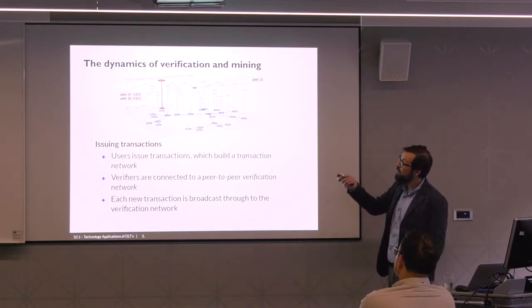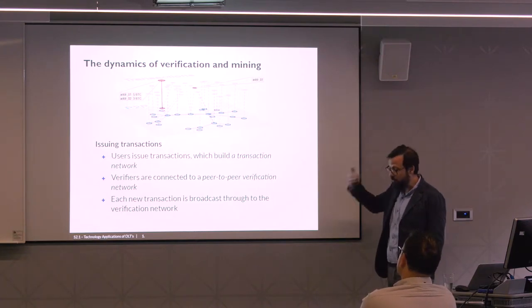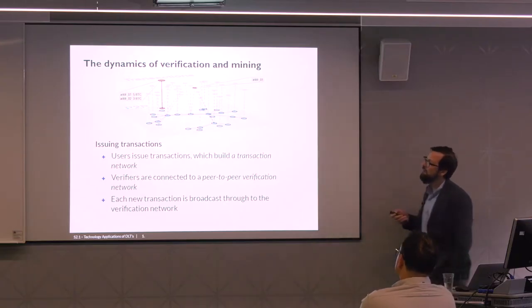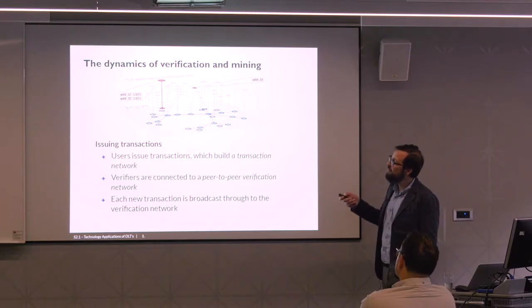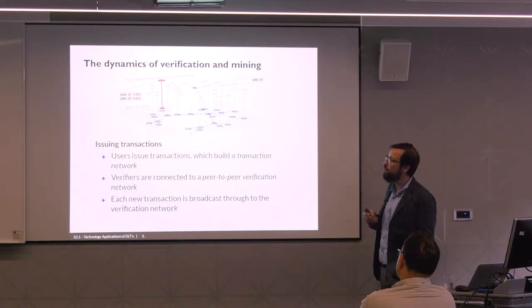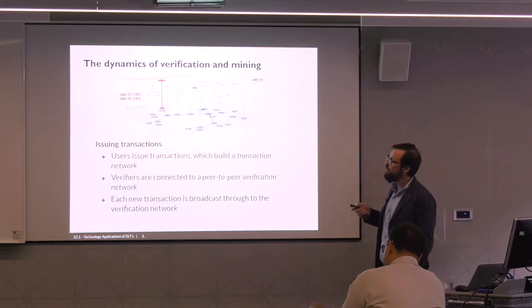In this specific case, given the fact that this user is connected only to this node, what is going to happen is that when this node receives the information about this new transaction, this transaction is broadcasted by this node to all the nodes it knows exist inside of the verification network. In particular, this node only knows the existence of this other node inside of the verification layer.